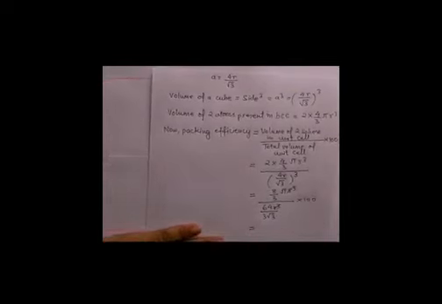These values are calculated, and now 8 into pi, with root 3 as 1.732, divided by 3 into 64, into 100, will be equal to how much? 68%.